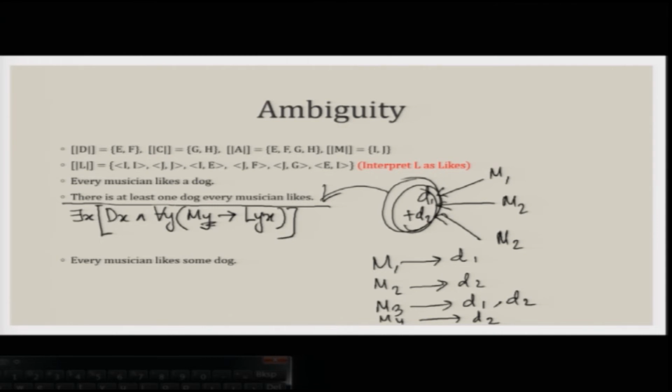So, this is one interpretation of this sentence, and the other interpretation will be: for all y, if y is a musician, then there exists some x such that x is a dog and L(y, x). Now, we can see that evidently these two are not the same translation. They do not have the same picture, they do not represent the same content, right?